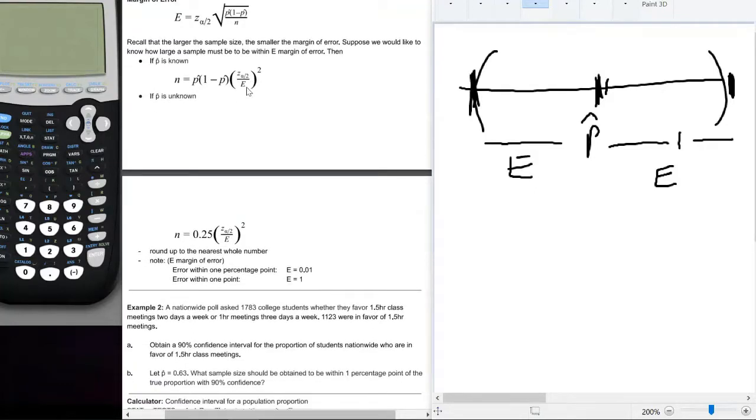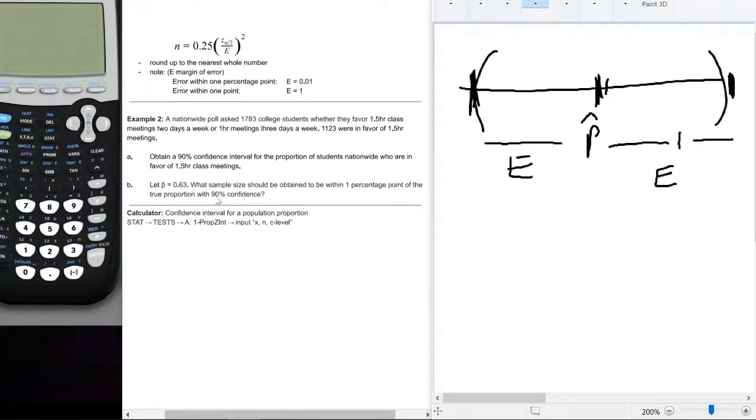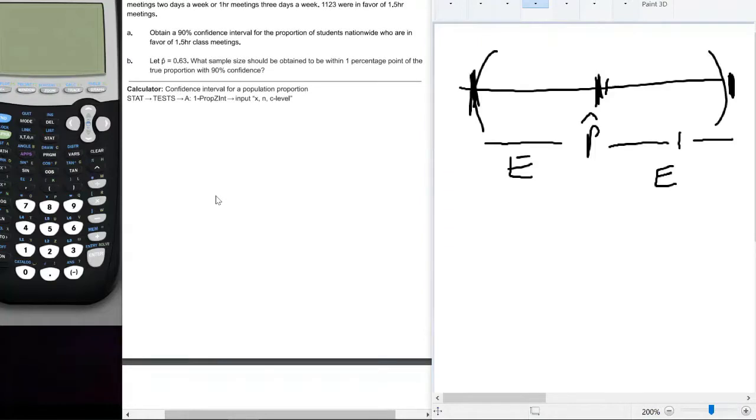If we have an error that we're trying to set as a goal, we're able to calculate how large a sample size should be in order for us to be within some margin of error. If p hat is known in the problem, we use this formula to find our sample size. If p hat is unknown, we'll use this formula to find the sample size needed to be within some margin of error. So I want to look at example 2b, which has to do with obtaining a sample size to be within some margin of error.